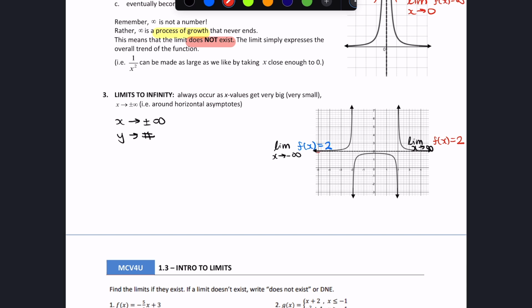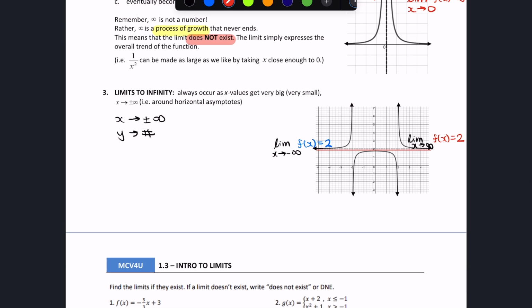So again, there's that horizontal asymptote. Let's underline this here. And that would be the horizontal asymptote. And they continue to go both to 2, very close to 2, but never actually touching 2. But that's the tendency of the function.